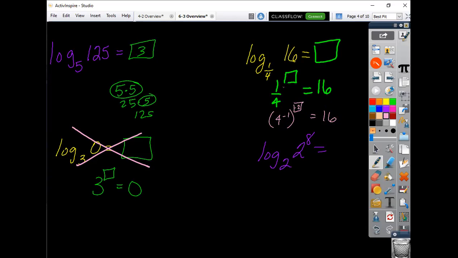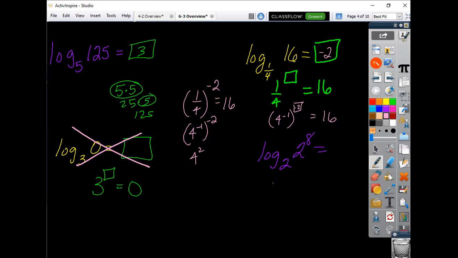So the other way to do this problem, you can think of it as it needs to be flipped, but it would be a negative 2. So 1/4 to the negative second power is indeed 16. Again, I would think of it as 1/4 is 4 to the negative first power, and then powers multiply. So this is like 4 to the second.